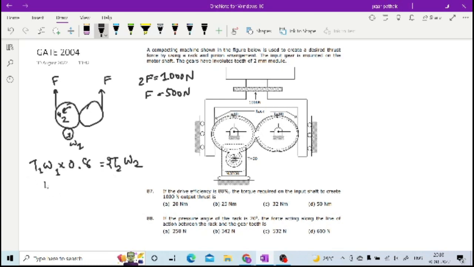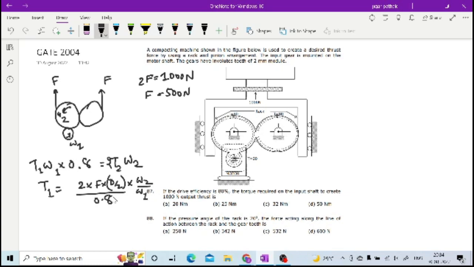So in this what you have to calculate is T1, right? So T1 is equal to 2 into this T2, torque is nothing but the force into the radius, right? Radius is D by 2, and here again omega 2 by omega 1, and divide by 0.8.